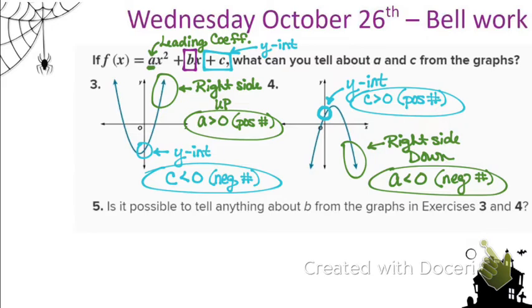Yes. They had an axis of symmetry. Runs right down through the center of my parabola. I want to look at graph number 3 for just a moment. My axis of symmetry, it's got to go right through my vertex. Would be right here.